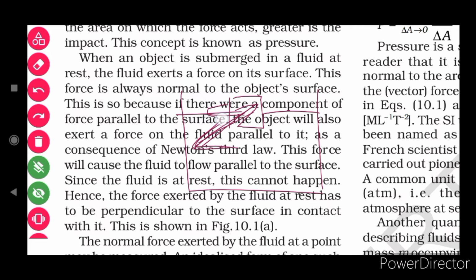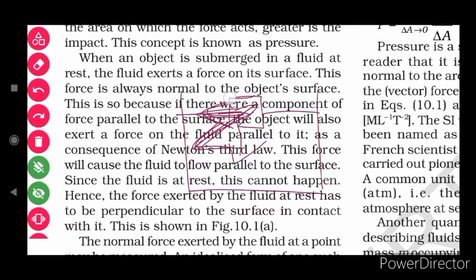Now we can draw two components of this, and you see this component is horizontal to the plane of the liquid surface. If there is a component in the direction horizontal to the surface, it will make the liquid flow.